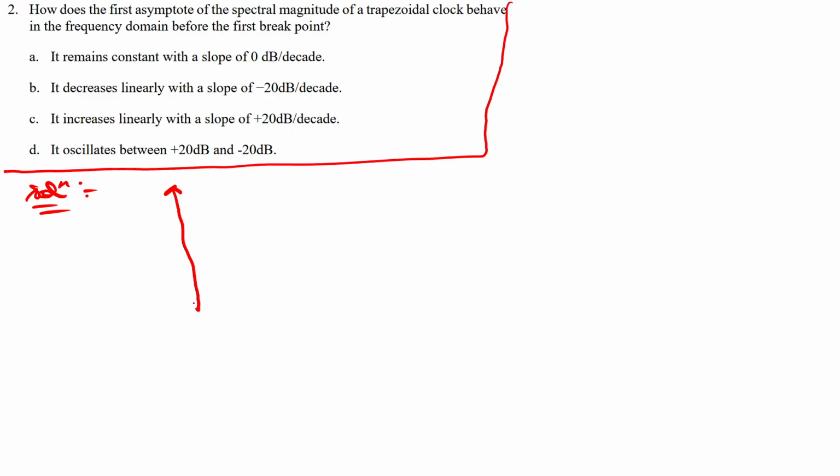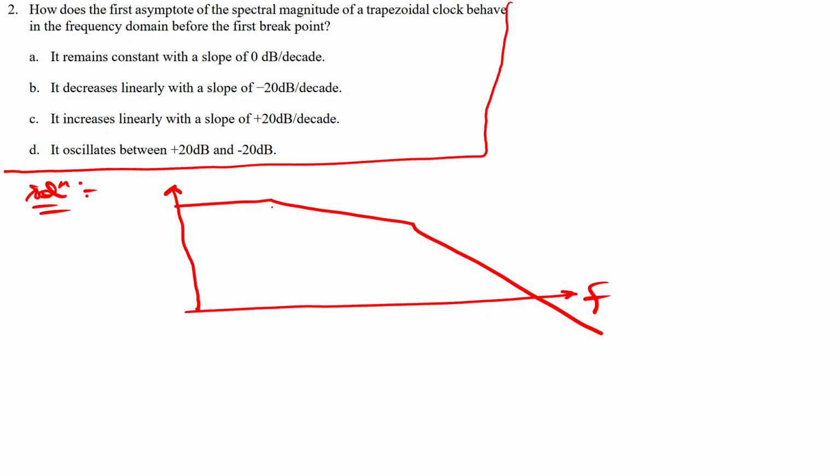So we will first denote it in the spectral domain or the frequency domain. It looks something like this for a trapezoidal pulse.